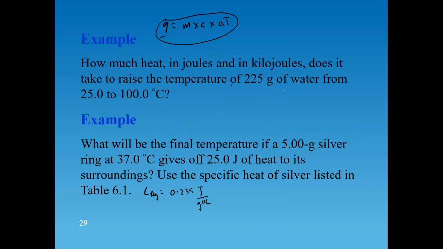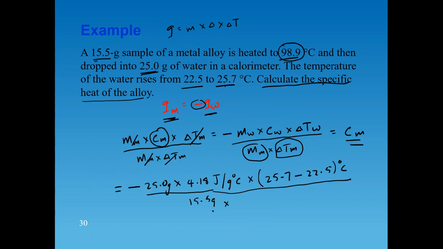So in this particular case, it's going to be the final temperature, 25.7. So let me put that down here. 25.7 degrees minus the initial temperature, which is 98.9 degrees Celsius, all right?